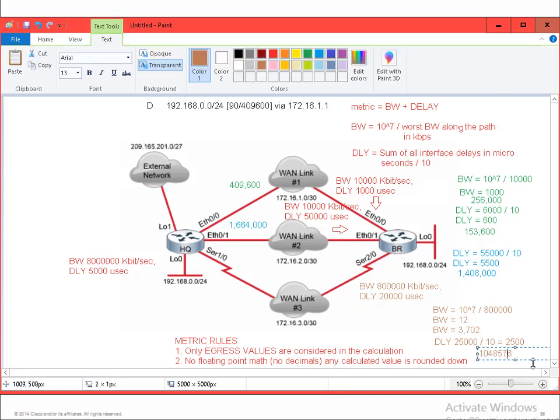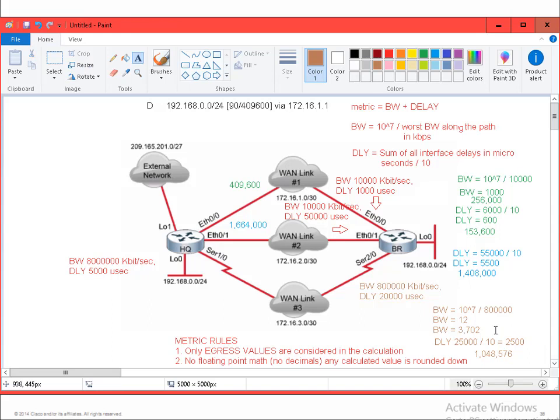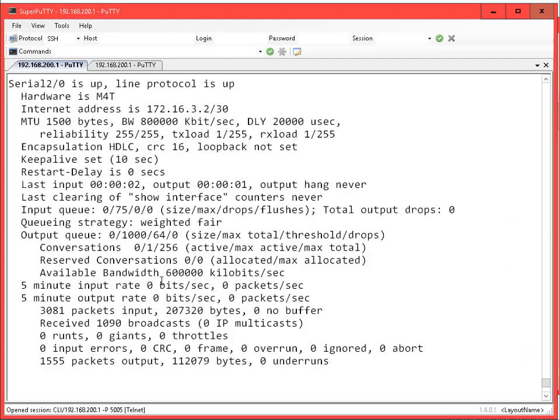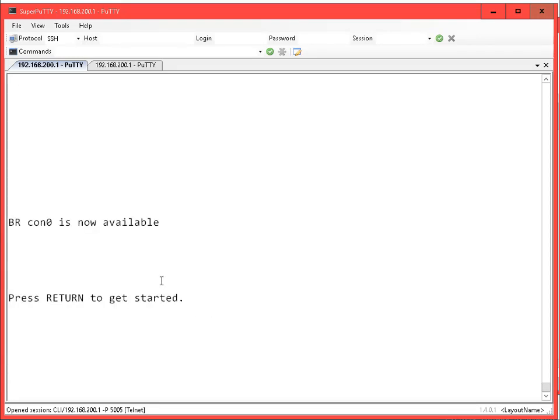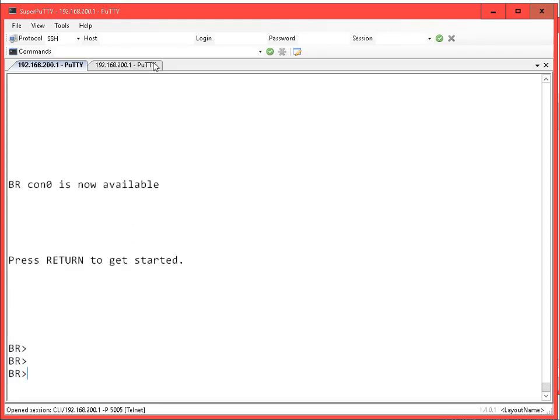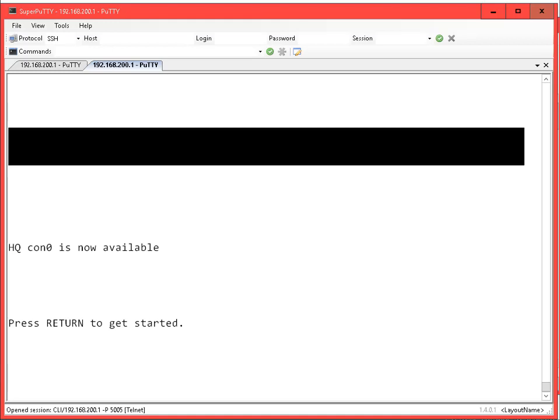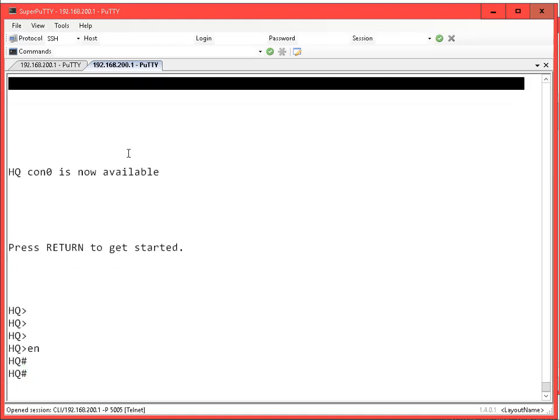However, it gets a little bit complicated here because we're doing an offset. My metric is not going to be this 1,048,576 plus 3,702, because of the offset that I have on the HQ router. Normally you would not configure an offset. It's just something that was done in this particular exercise to make it match up with what's in the actual book.